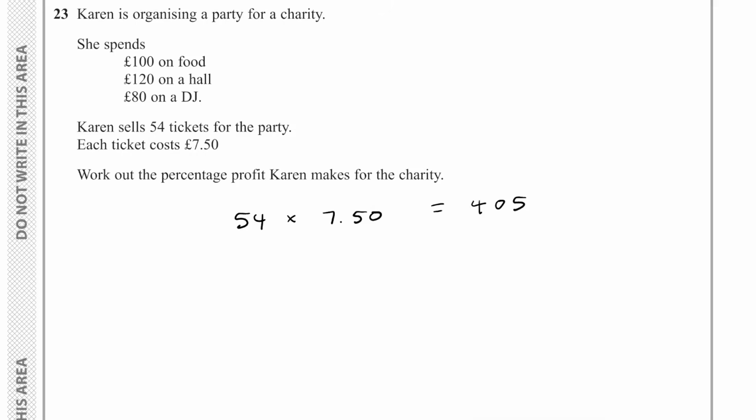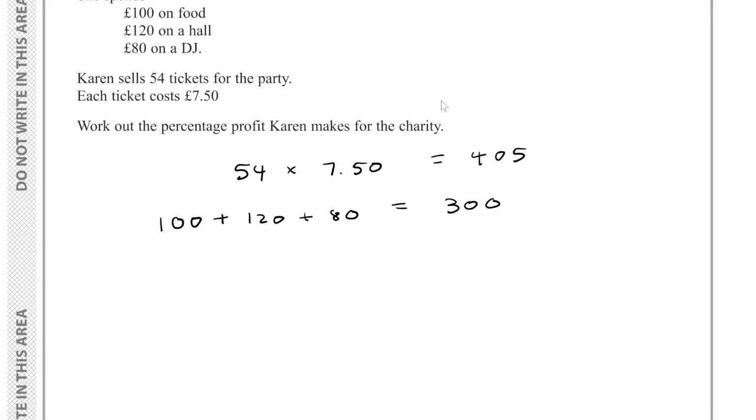How much does she spend? 100, 120, and 80. That's £300. So she spends 300. So what is her percentage profit? So she has a profit of 405, take away 300, which is £105 profit.